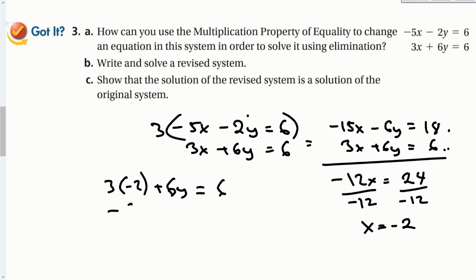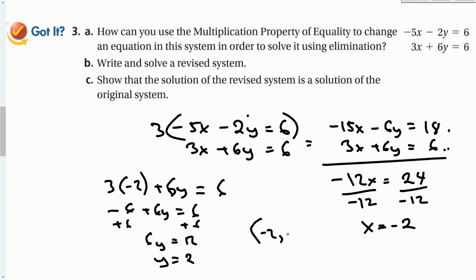So that's negative 6 plus 6y is equal to 6. Add 6 to both sides. 6y is equal to 12. y is equal to 2. So my answer is x comma y, negative 2 comma 2.